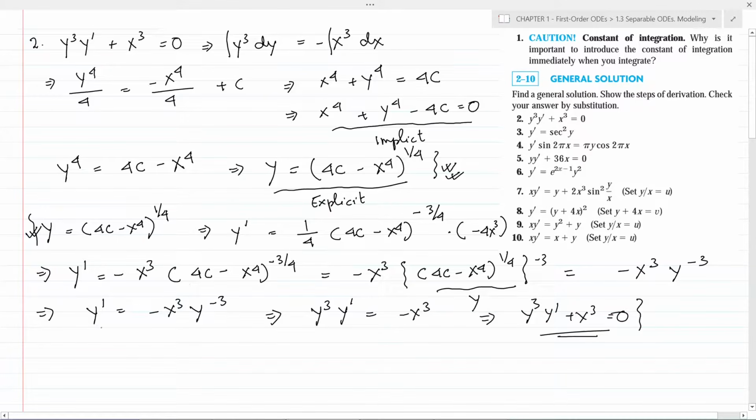Now if we use the implicit form, then we will write x to the power 4 plus y to the power 4 minus 4c is equal to 0.